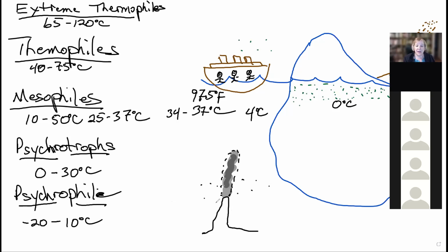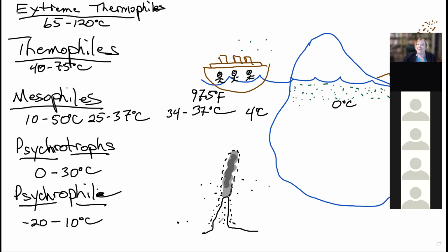And say I've got one that's out here where it's not too hot and it doesn't get its proteins denatured, and so it survives and has kids, and those kids adapt and get a little closer until finally I've got these microbes living at these extreme temperatures.